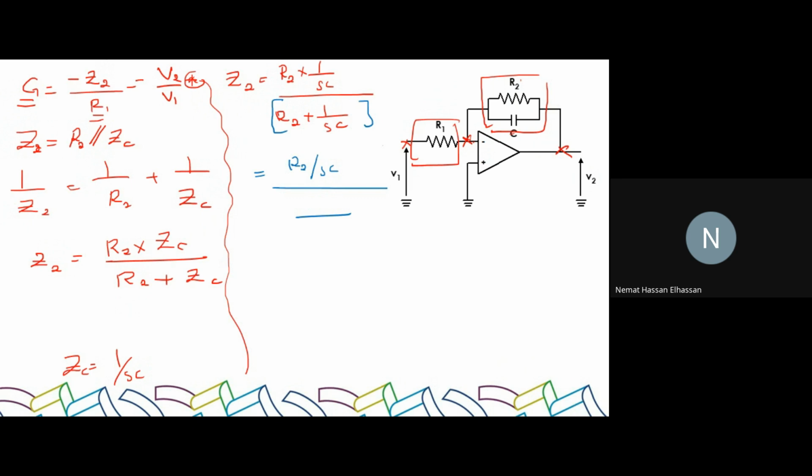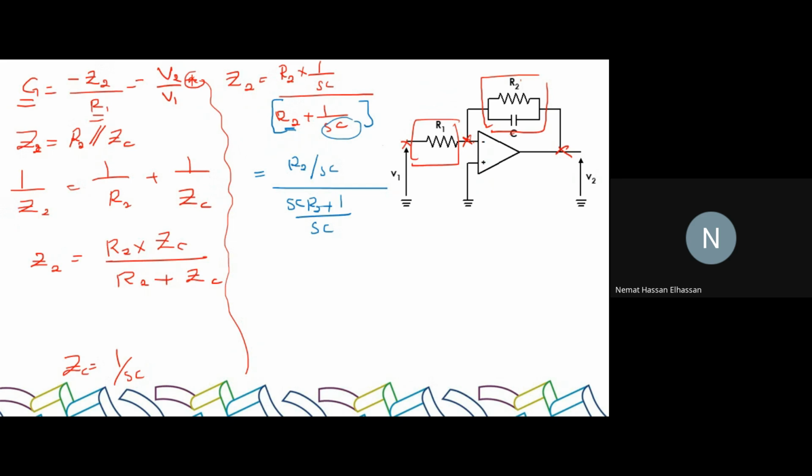What will the new denominator be? The common denominator of R2 plus 1 over SC will be SC. The first term will be R2 multiplied by SC, so SC R2 plus 1, all divided by SC. Okay? Is this step clear?